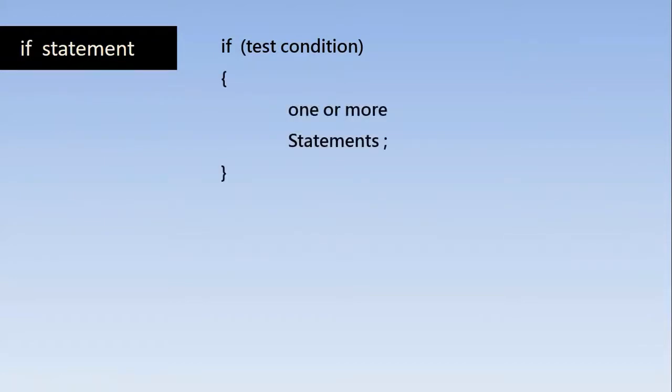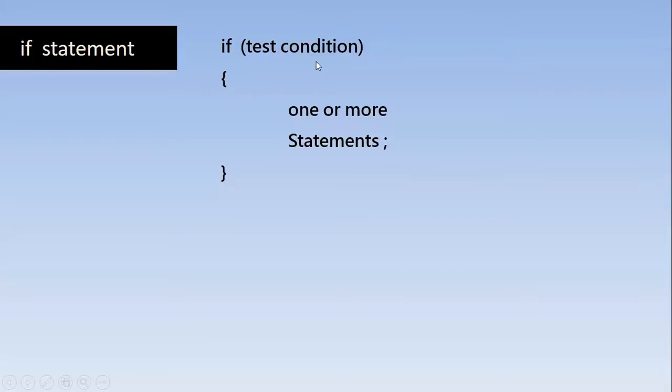So this is the snapshot of the if statement. Inside a pair of curly braces, we put one or more statements to be executed when this condition evaluates to true. If the condition evaluates to false, then none of the statements inside these braces are executed. These statements are executed only when the condition is true.